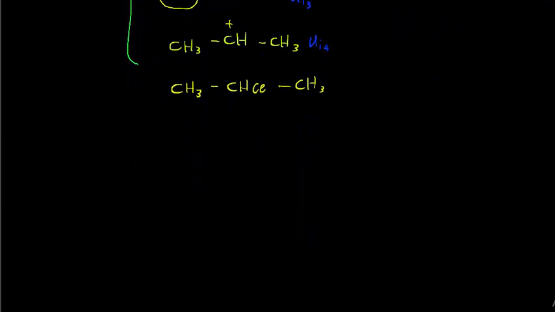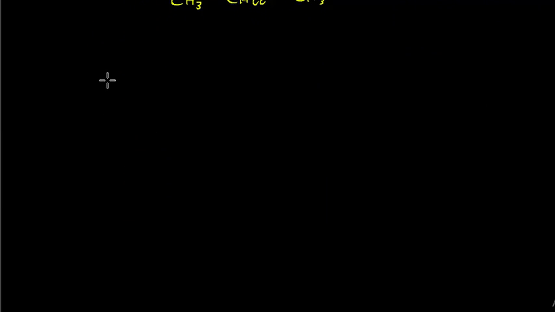So if I were to draw a graph, on here I've got my potential energy, U, and on here I've got time. So in the beginning of our reaction, if we add up the potential energy, we might get something that's here.